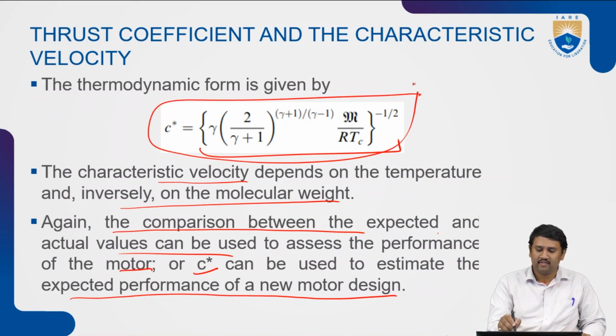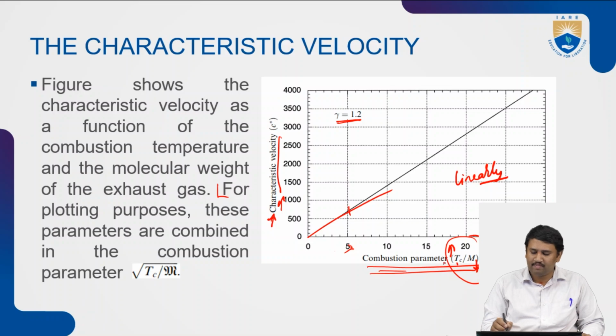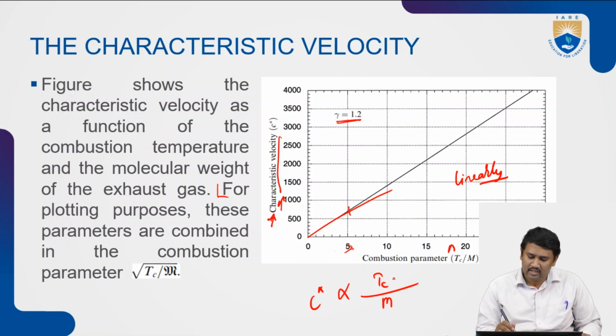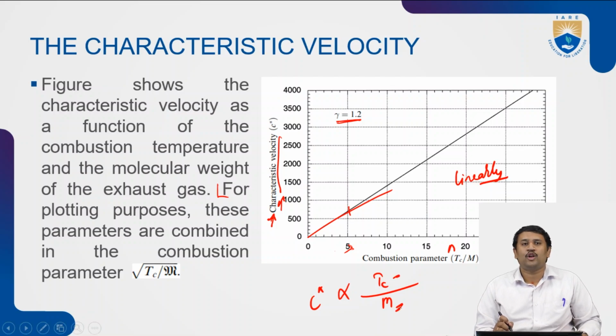from the combustion parameter, what we can get basically is the characteristic velocity, particularly C star, is directly proportional to the temperature of the combustion, but inversely proportional to the molecular weight.